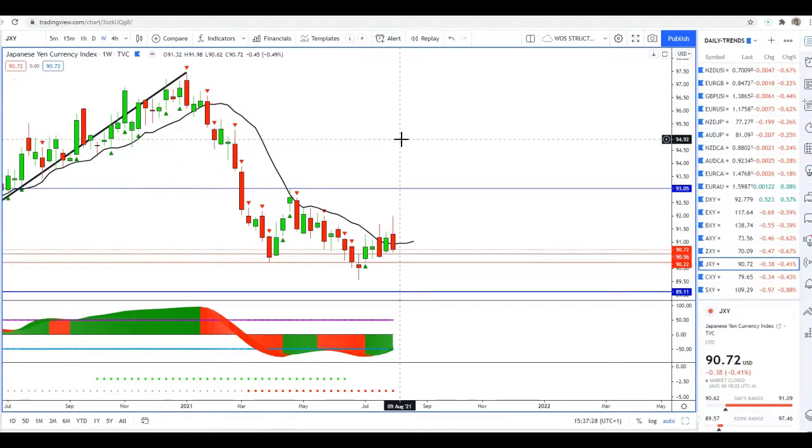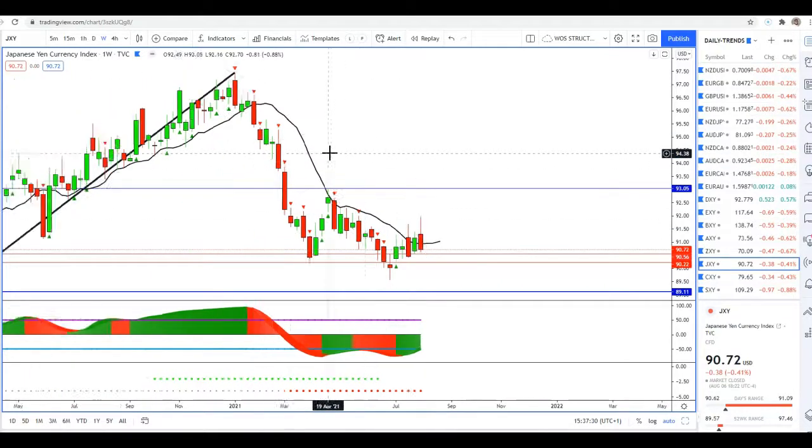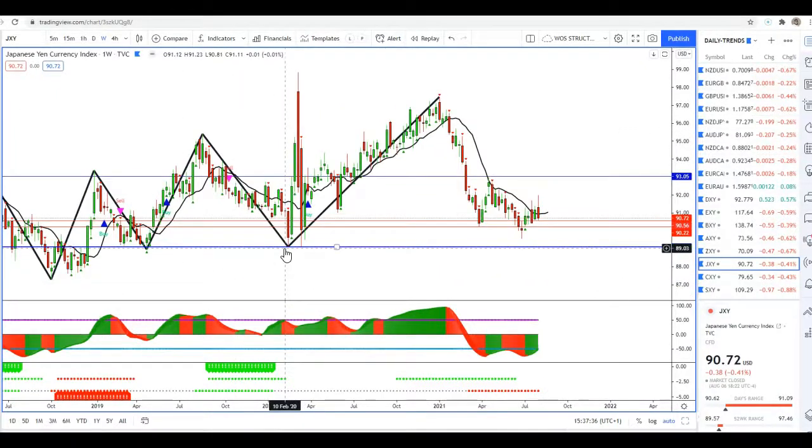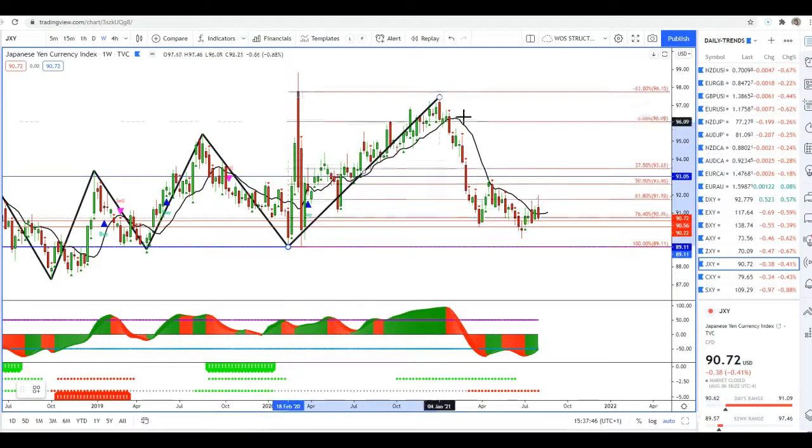To be honest, I don't know what to do with this. We want to buy because you can see this is the last structure that made the higher high, and you want to look at what was the last action. Let's see this first.